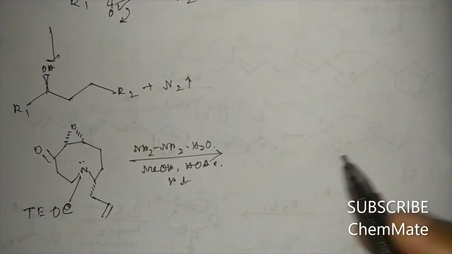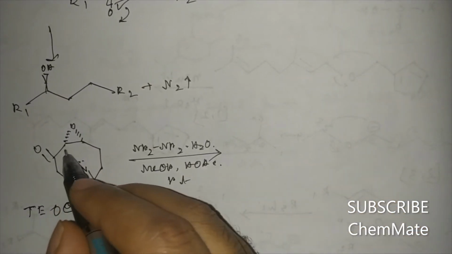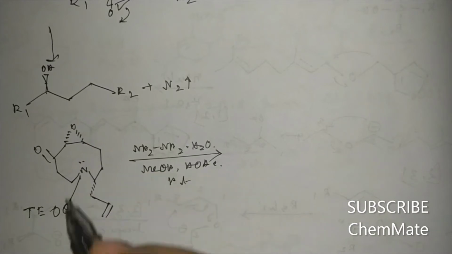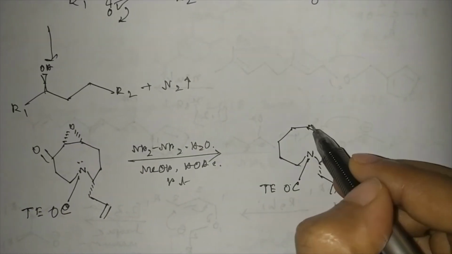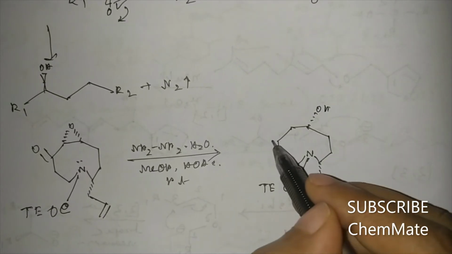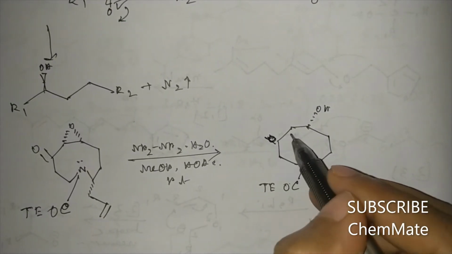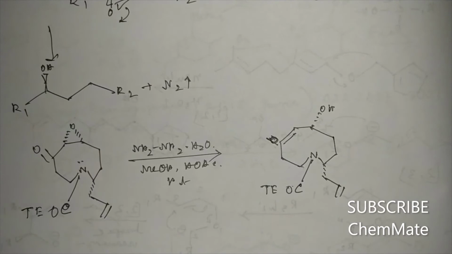The product will be an allylic alcohol with a double bond here, and the OH group will be from below the plane. So the product will be, here will be the OH and here will be the double bond.